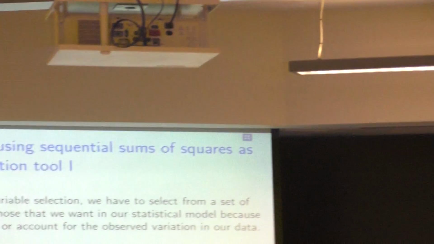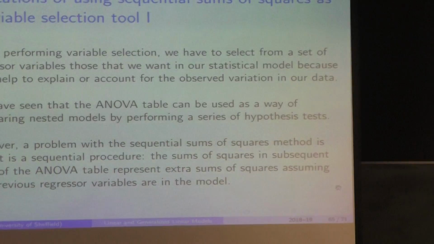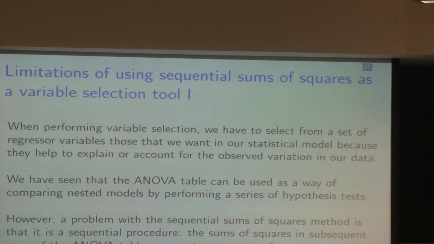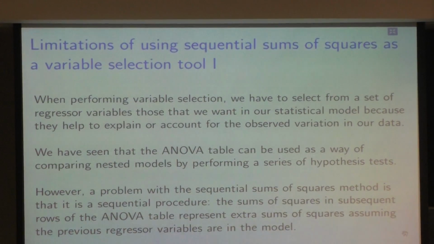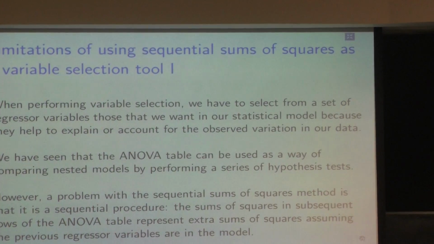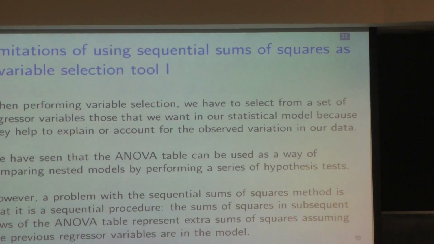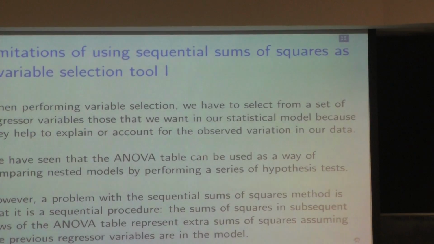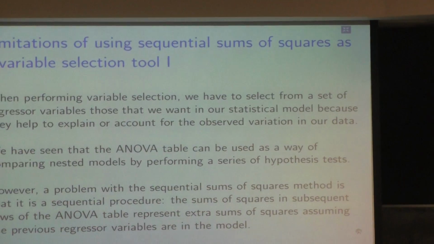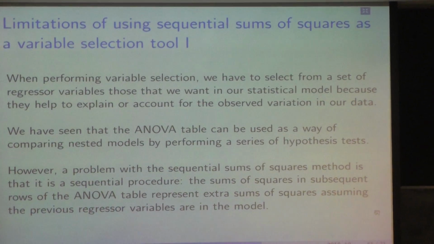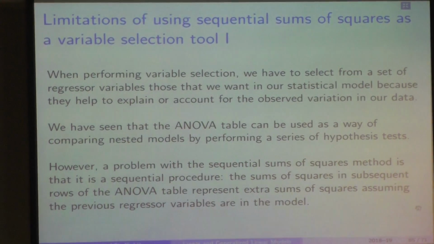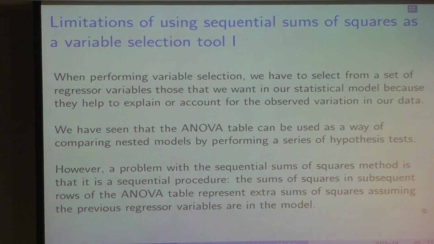However, if you look at the way that we did that, you'll see that the variables appear in sequence, and the sequence they appear in is the order in which they're put into R. So when you add a new variable into the model, the sum of squares, the row that appears in the analysis of variance table, depends on what's been put in before.